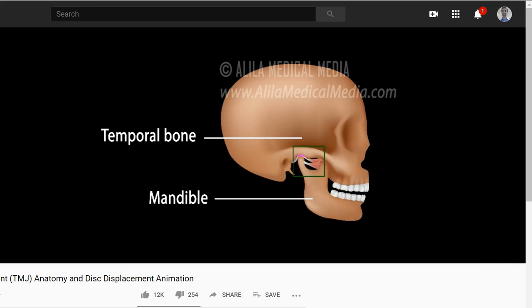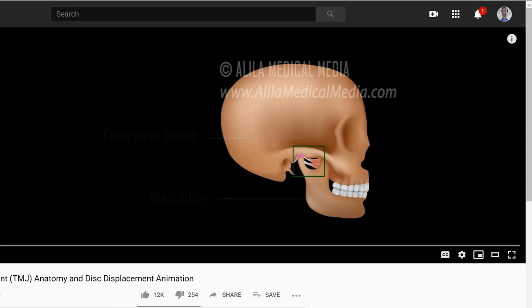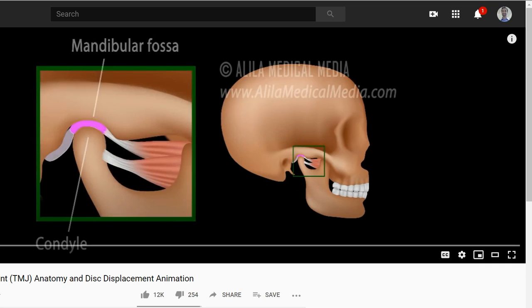The TMJ is responsible for jaw movement and is the most used joint in the body. The TMJ is essentially the articulation between the condyle of the mandible and the mandibular fossa, a socket in the temporal bone.